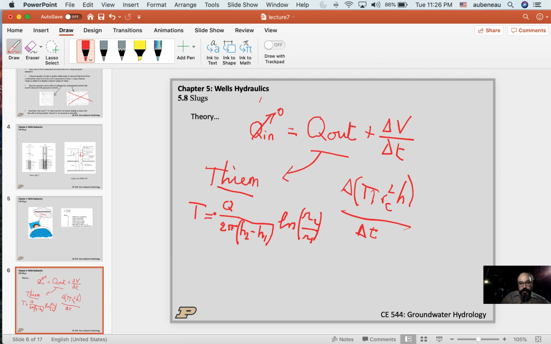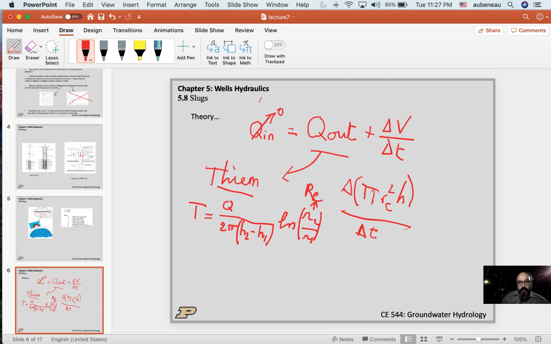Now again, conceptually here we're in a similar situation, right? So if we think of R2 as the radius of influence, we can call this RE, right? How far from the well do we have a measurable effect of the slug test in this case, or the pumping before, but now of the slug test.